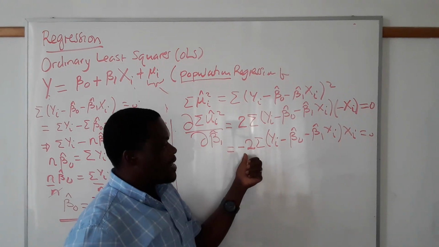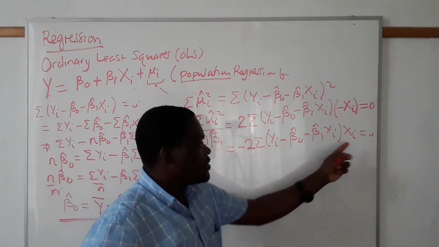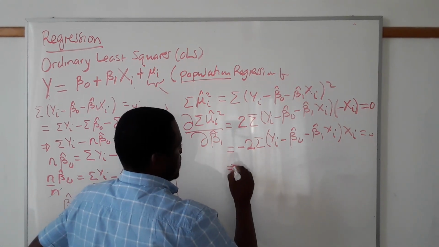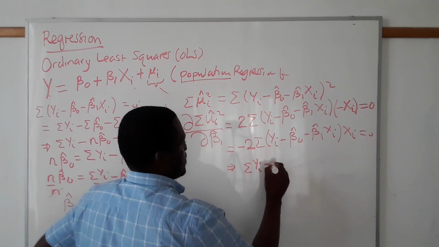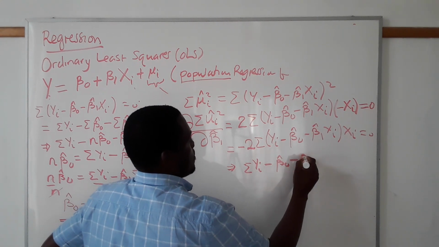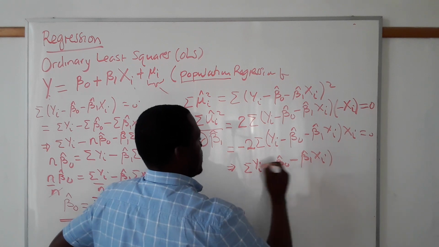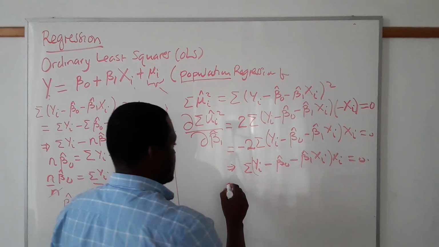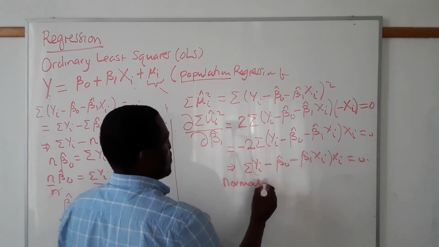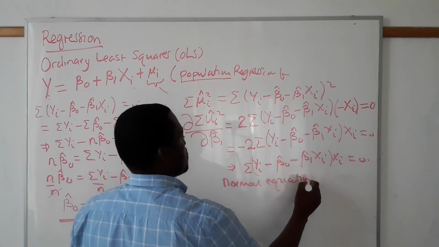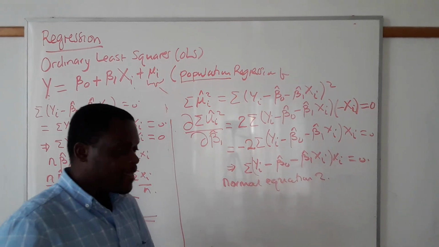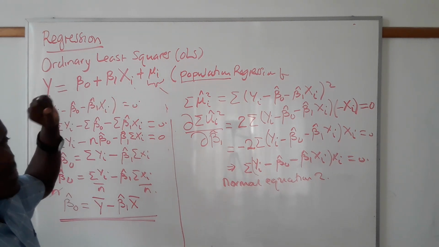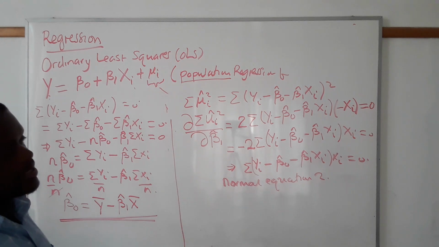So we can divide both sides by minus 2, and divide your 0 by minus 2. What you get is the sum of yi minus beta hat 0 minus beta hat 1 xi, times xi, is equal to 0. This is your normal equation 2. It helps us estimate this slope parameter. Okay?